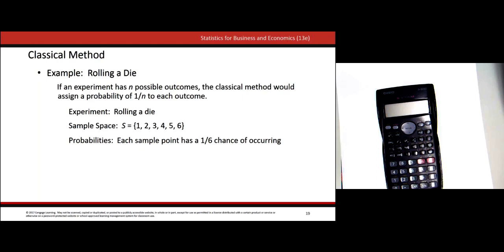Like rolling a die. You have 6 outcomes, each has probability of 1 over 6. Or tossing a coin. You have 2 equally likely outcomes, each has probability of 1 over 2.